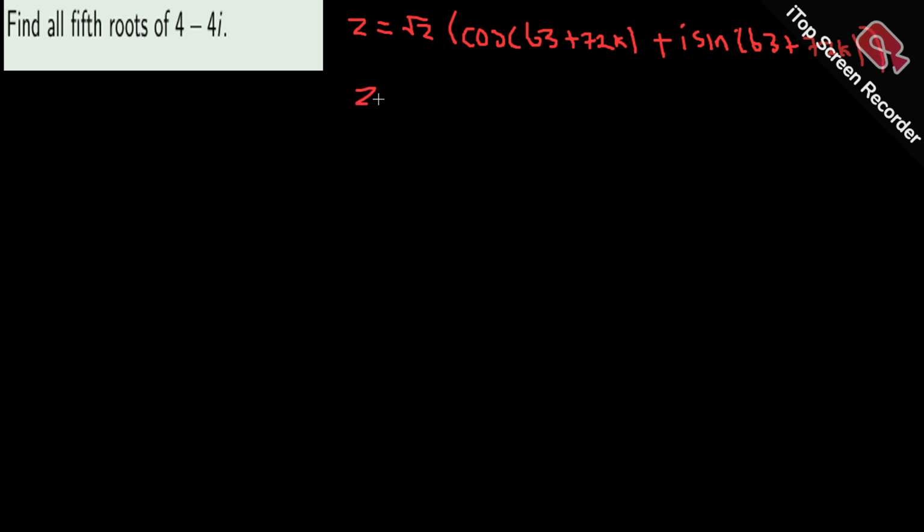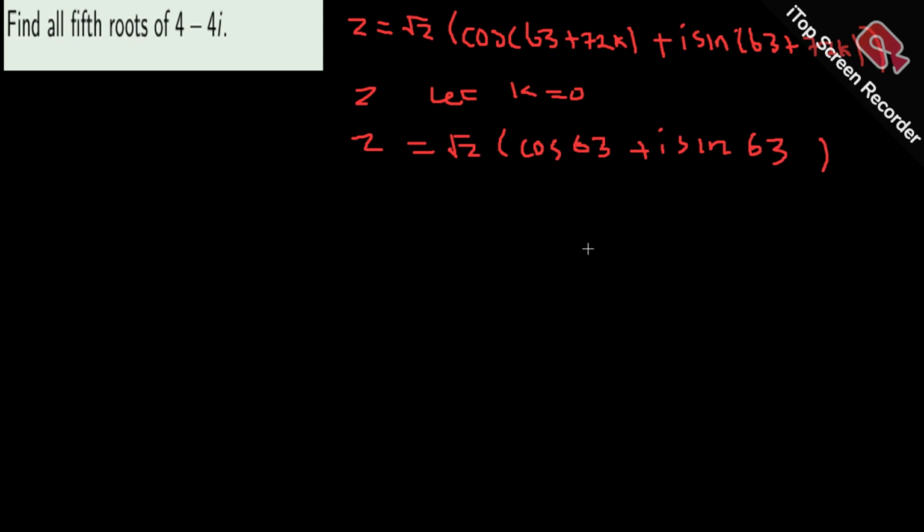Okay, so for the first one, you let k be equal to 0. And what are you going to get? And what you get is root of 2 cos 63 plus i sine 63.